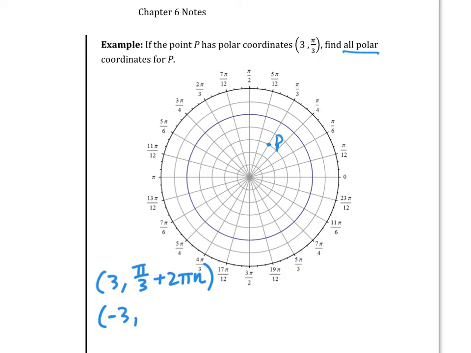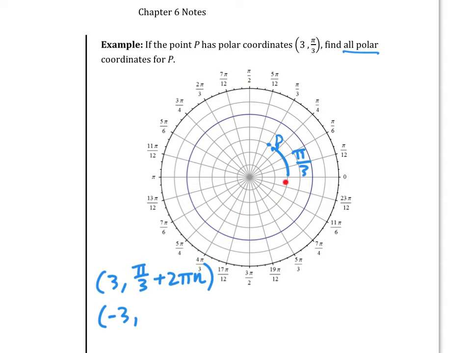Now, what happens if you want to go in the negative r direction? Well, let's say you start from the origin and you are going in the -3 direction. Now, how do you get back to this point? Well, we know that this much is pi over 3. So if I start right here and then try to get back to this point, one way is to travel in the positive angle direction.